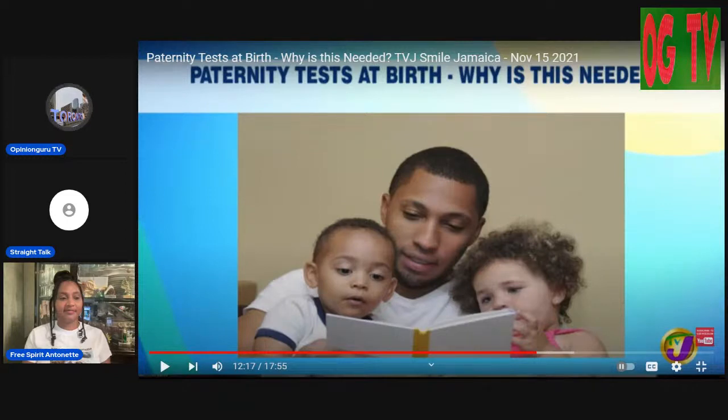They did a study from the American embassy, and here she is asking if that was a correct representation of the nation of Jamaica. If you go to Canada, I'm in Canada, if you go to Canada, it's the same thing. And I'm sure if you go to England, it's the same thing. So these women are firmly against DNA tests.